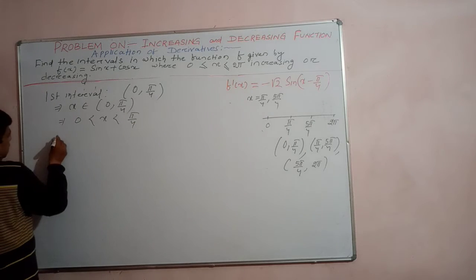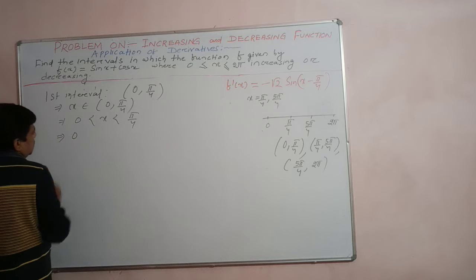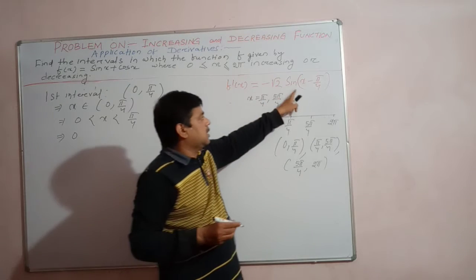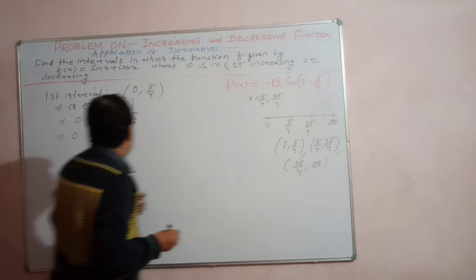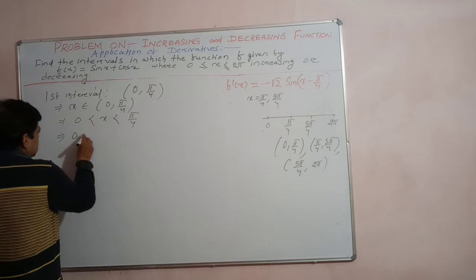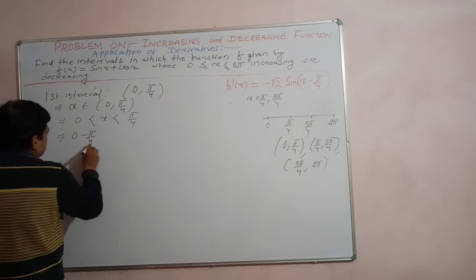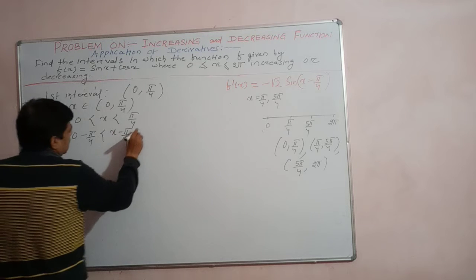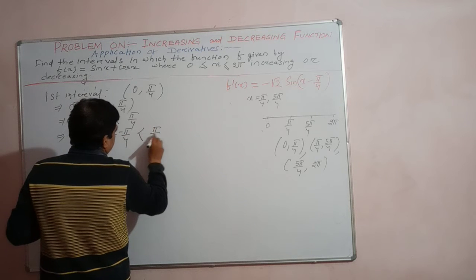Understand? Here the angle is x minus pi by 4. So subtracting pi by 4 throughout: 0 minus pi by 4 is less than x minus pi by 4, which is less than pi by 4 minus pi by 4.